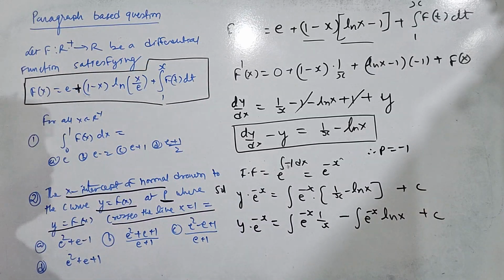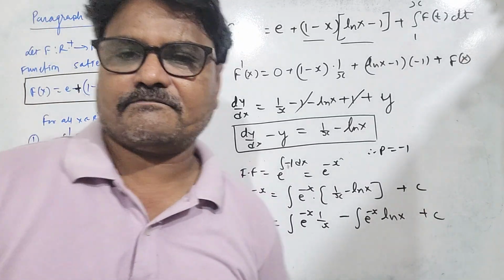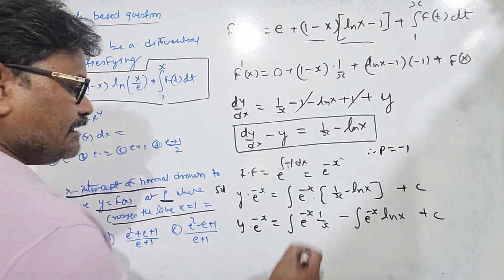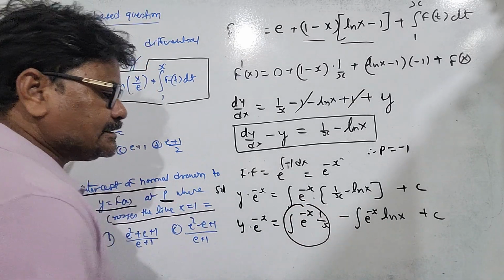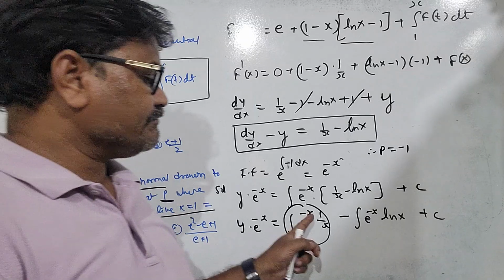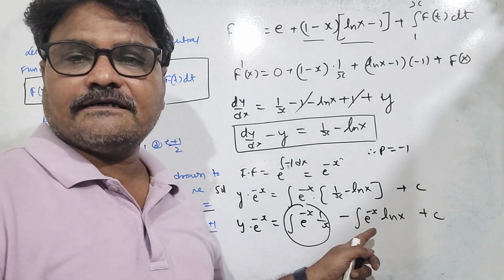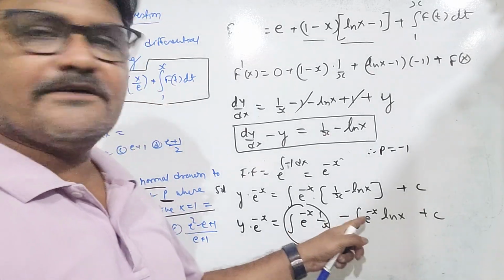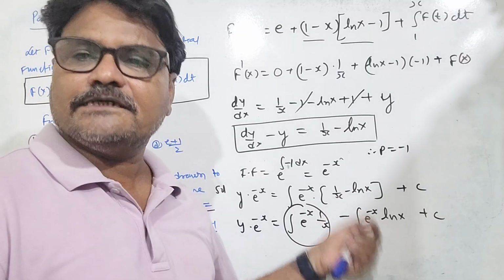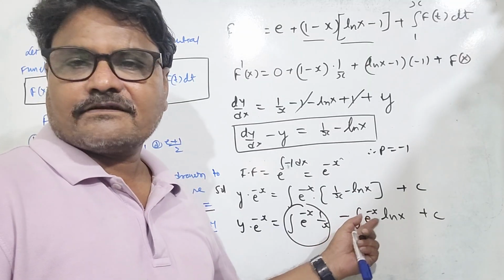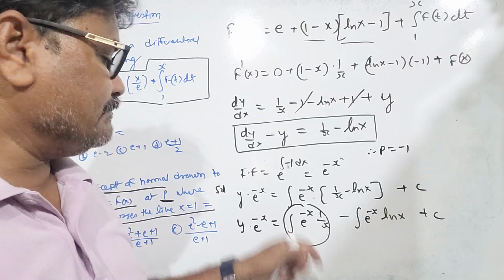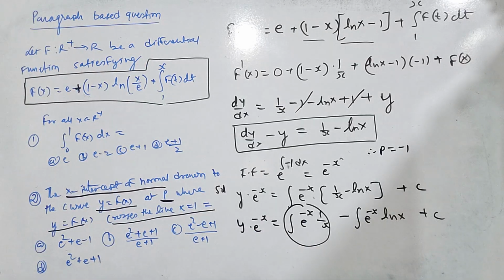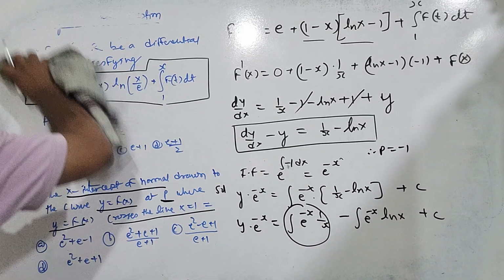So there are two integrations I have separated, and definitely I will integrate this and keep this integration as it is, because when we integrate 1 upon x I will get ln of x, got it? So definitely there might be the possibility of cancellation of this type of integrations by using by parts. So I will apply by parts over here now.